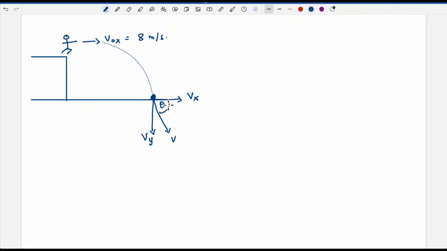Okay, that determines the direction. So first we are going to find the magnitude of V and then the direction. And remember, the direction is always taken with respect to the horizontal axis, in this case, Vx.